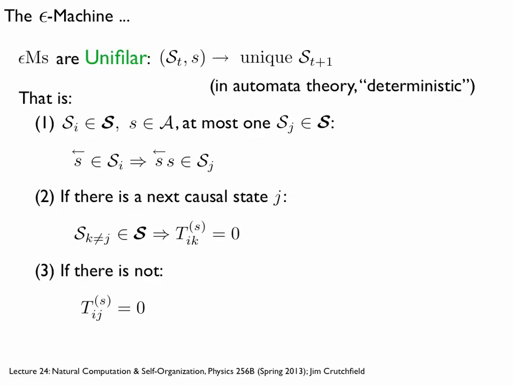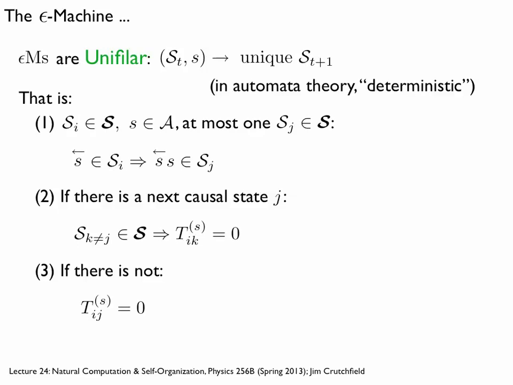Then if I see S, that gives me a new history at the next time step, and the claim is that it is in the successor state J. So basically there are two different cases. If there is a next causal state, then we have to show that all the other successor states have 0 transition probability.